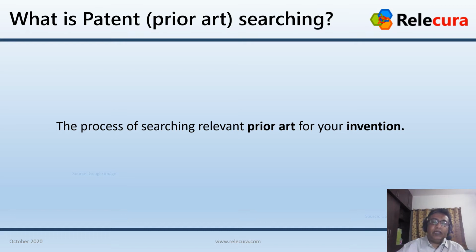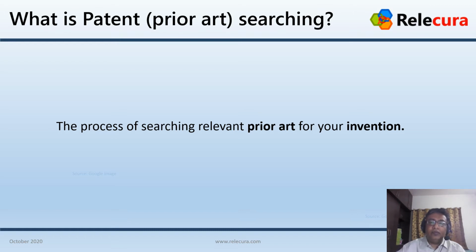How will we prove that these conditions are met? For this, we will do a prior art search. The process of searching relevant prior art for your invention is known as prior art searching. If you want to prove that your invention is novel, you have to prove that previously nobody has thought about this invention and till now nobody has reported it.